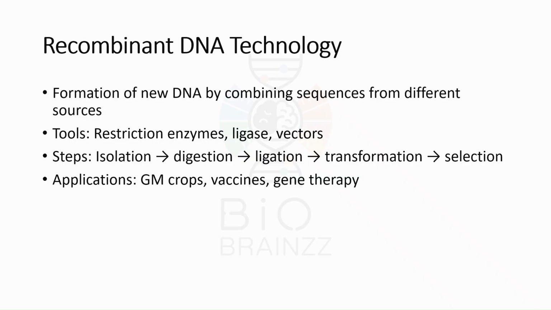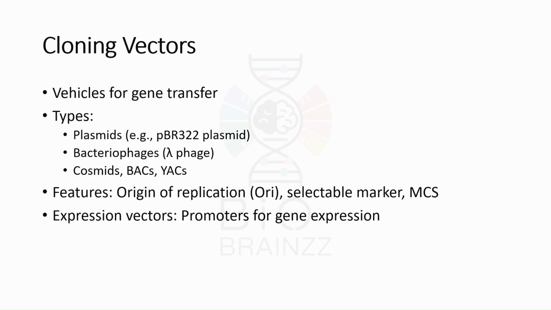This technology has revolutionized biotechnology by enabling the production of genetically modified (GM) crops, vaccines, and therapeutic proteins. It forms the foundation for modern genetic engineering and is widely applied in agriculture, medicine, and industrial biotechnology.